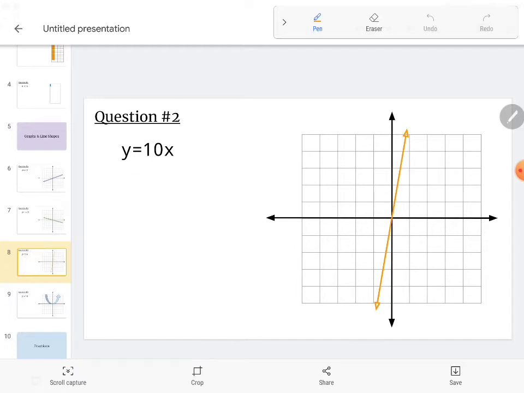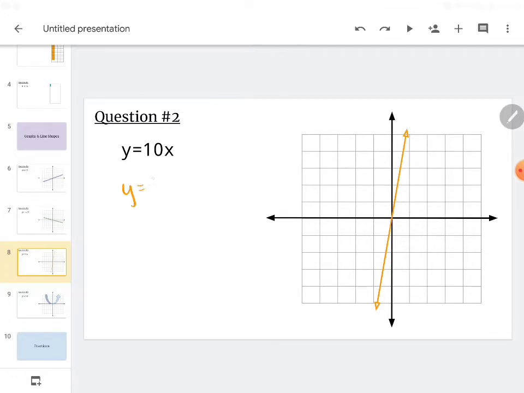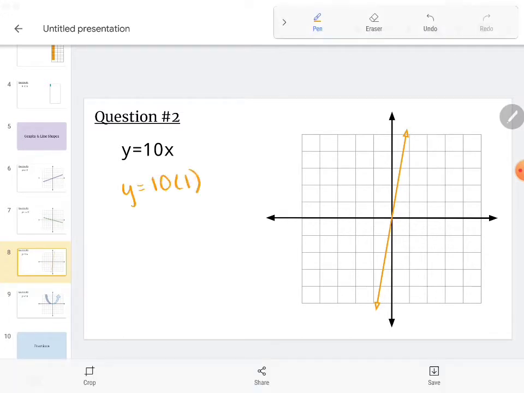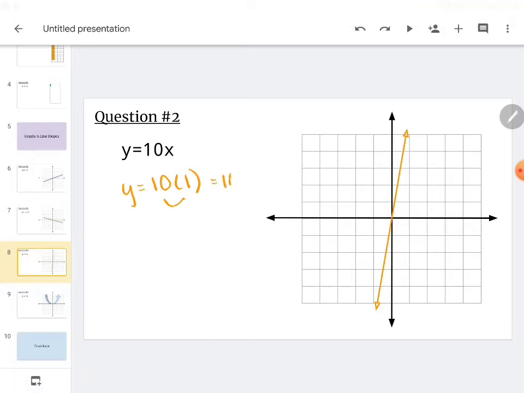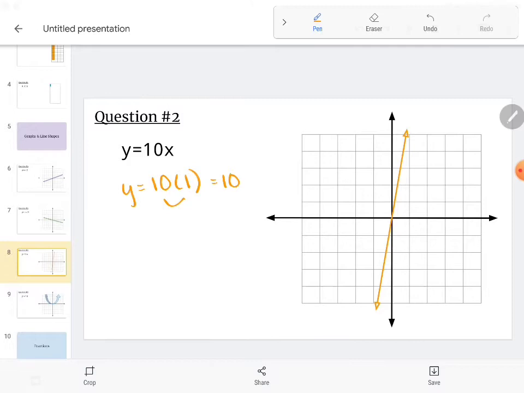All we're really going to do, we're going to substitute x for any number that we want, really. So let's say y equals 10 times 1. All right. Well, now what we're going to do is we're just going to do 10 times 1, which will be 10, and that will be our y.